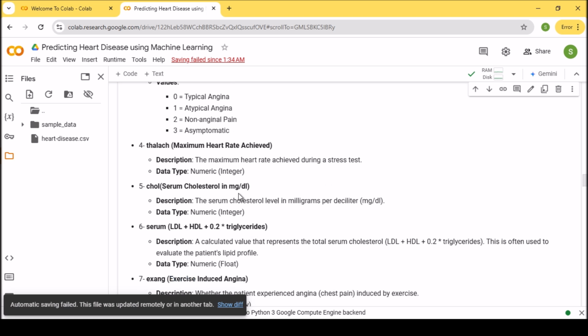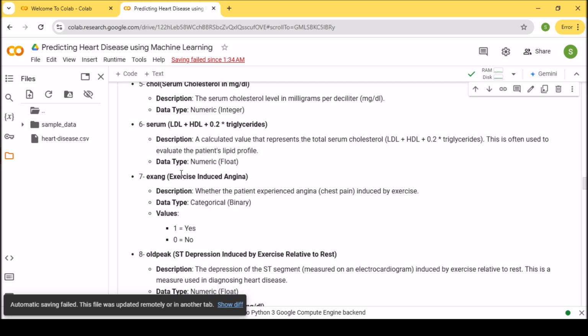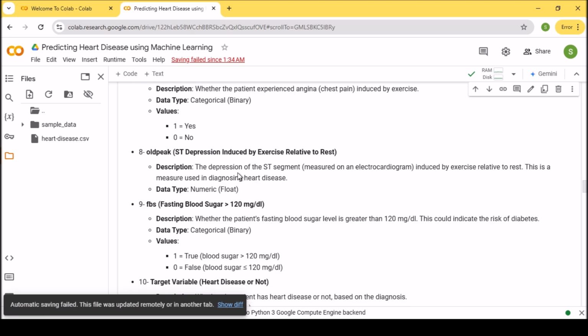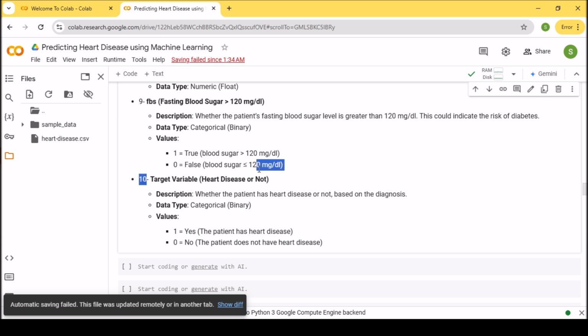We might need to transform all of these categorical values into numerical values so we can make our model work in a more efficient way. It also has the fasting blood sugar, the old peak depression induced by exercise, the resting ECG, and the target variable.